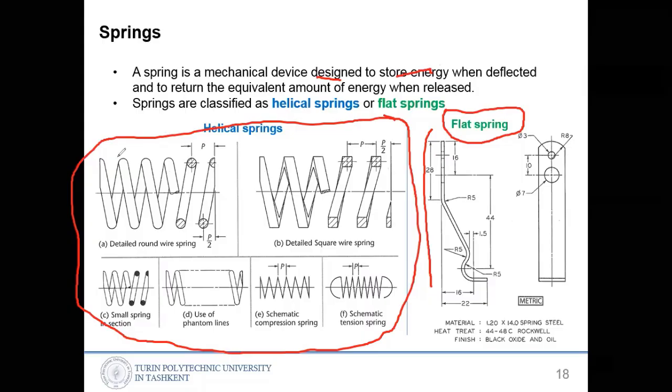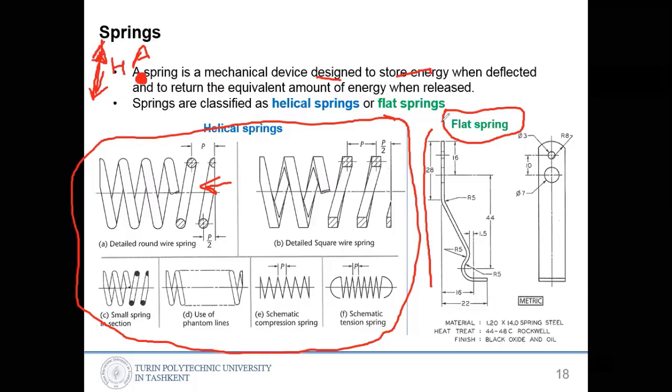Okay, so we use this one in the suspension of the car. When we use helical springs, the height is bigger, but the area is smaller. So the cross section is small. If you see from this side, the cross section is smaller, but we have a bigger height.